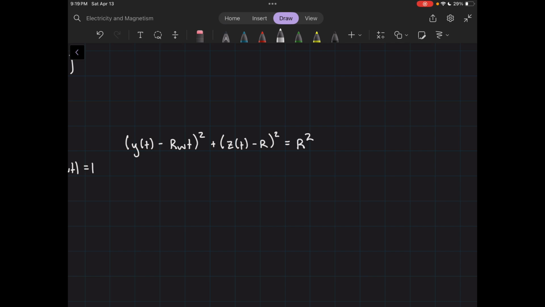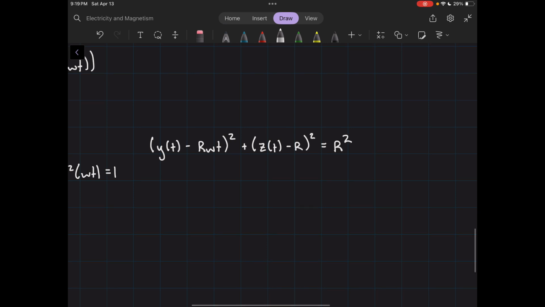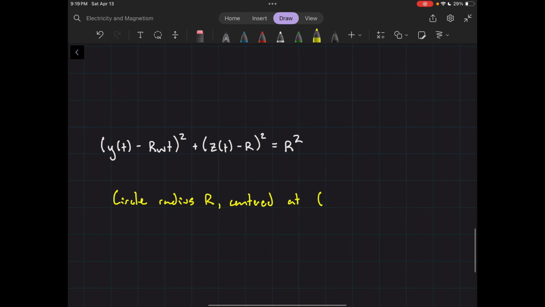And look at that. This is the equation for a circle, a circle of radius r centered at zero, r omega t, r.